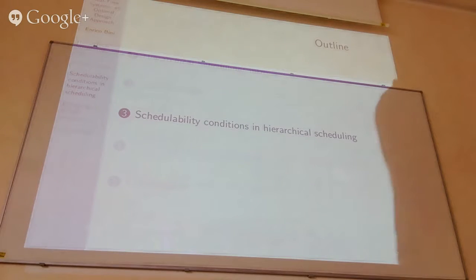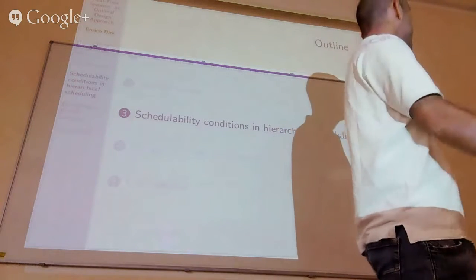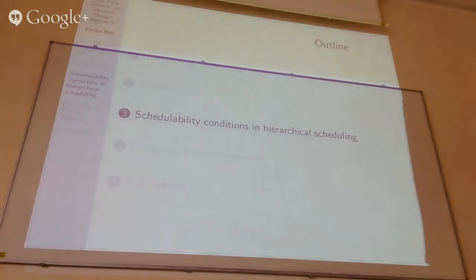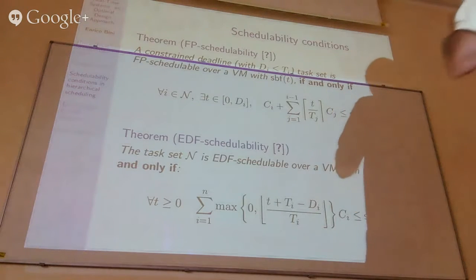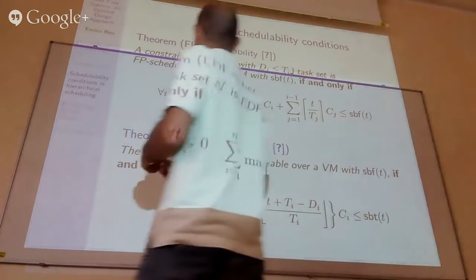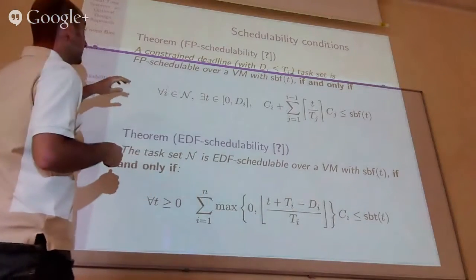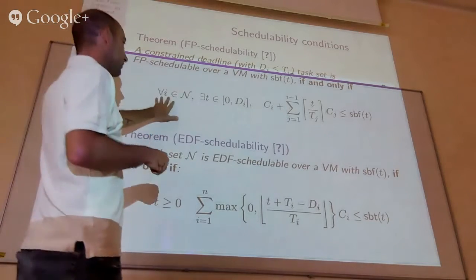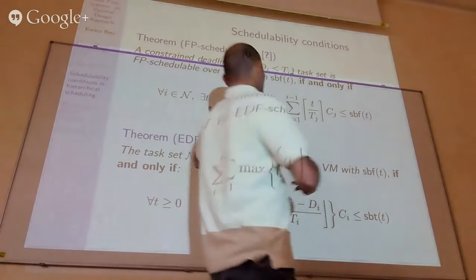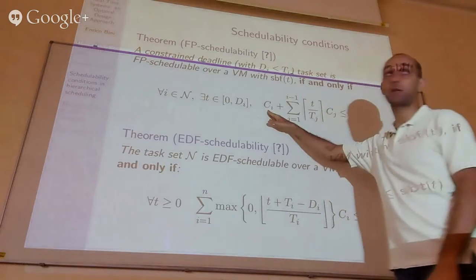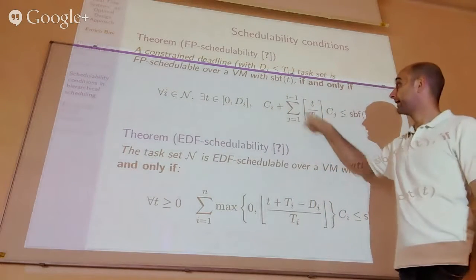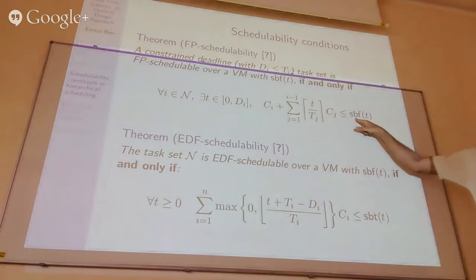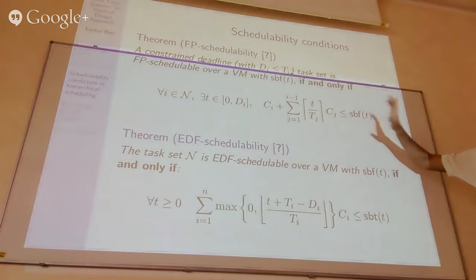Okay, so how do we perform schedulability conditions on this type of supply function? Well, the conditions are very simple. The usual ones, with only a little difference. Let's say fixed priority, for example: for all tasks there exists a point t such that the computation time of the task plus the interference on the task is less than or equal to the supply bound function. No surprise.